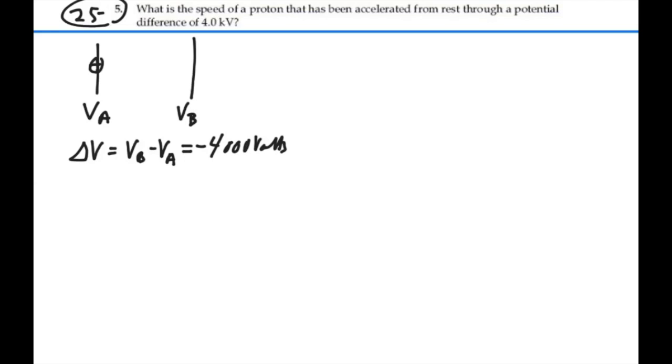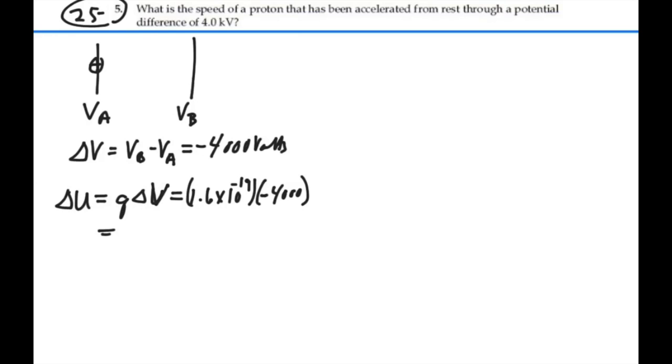And hence our change in potential energy, which is the charge times the change in potential, will be equal to the charge on a proton, 1.6 times 10 to the minus 19 coulombs, times a negative 4,000 volts.